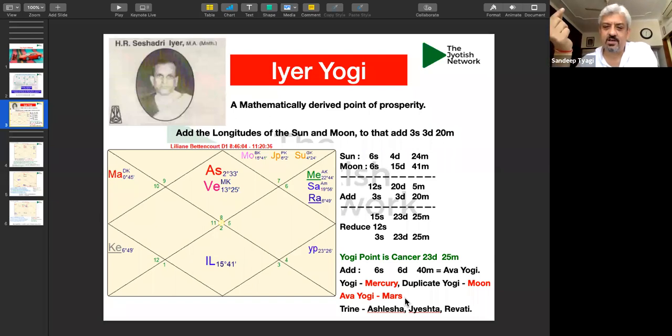A simpler shortcut route for all our viewers is when you arrive at the Yogi, in this case, Mercury, now bring back the Vimshottari Dasha sequence in your mind. Inclusive of Mercury, count 6. So we'll go from Mercury, we go to Ketu, Venus, Sun, Moon. The sixth is Mars. And Mars is the Avyogi for this particular chart.